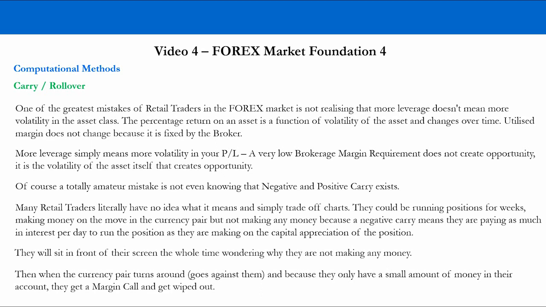We talked about this earlier when we were looking at margin, leverage, and exposure. And it becomes really important here because if you don't check carry, you can end up leveraging a negative carry, when obviously the idea of carry combined with leverage is to leverage a positive carry.